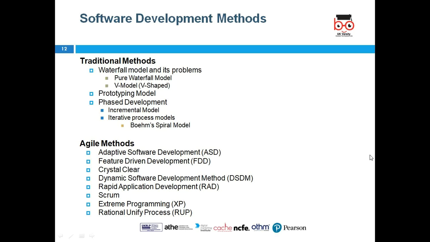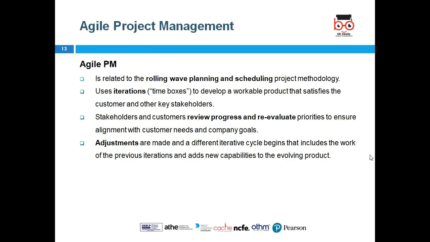I believe that the more we understand the traditional one, the more agile is a piece of cake. You only need to give a sequence and new terminology to the existing phases of traditional system development, isn't it? Do you agree? That's right. So agile is a kind of rolling wave scheduling project methodology.